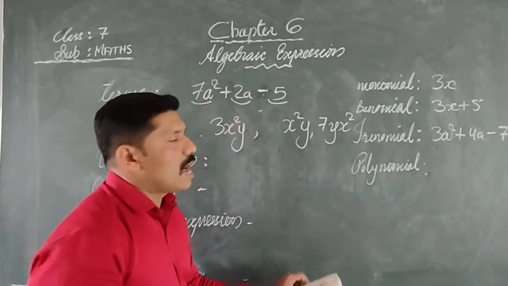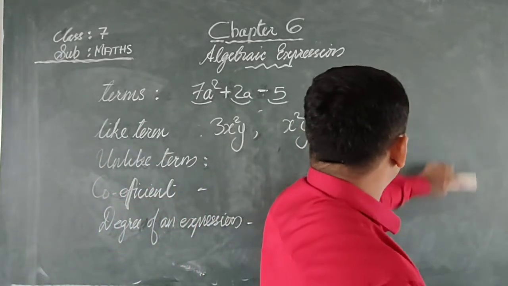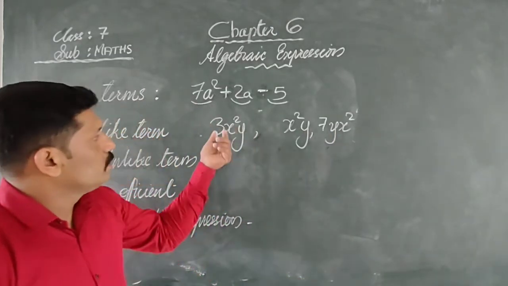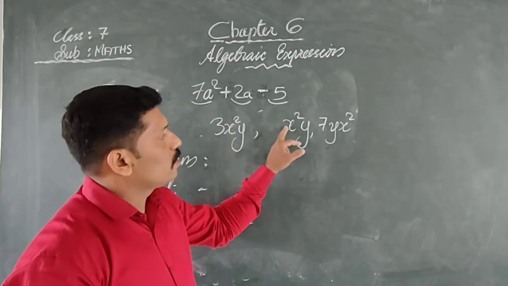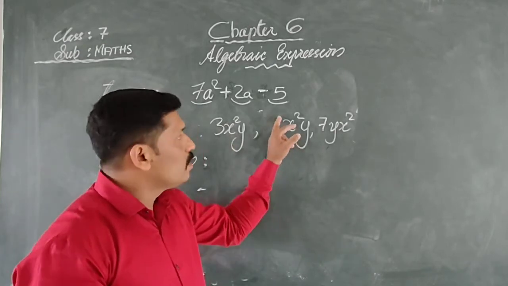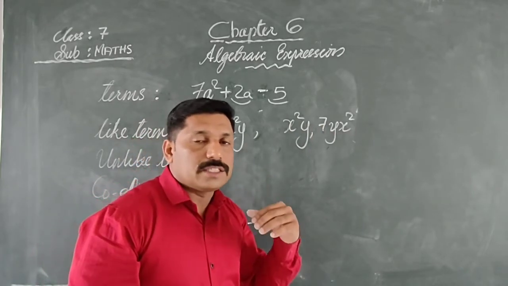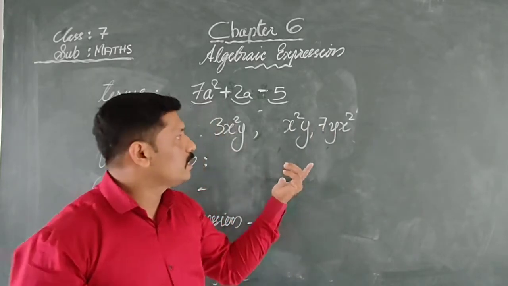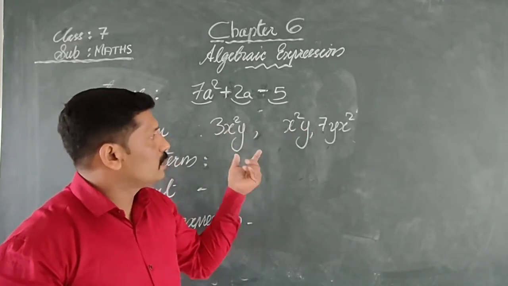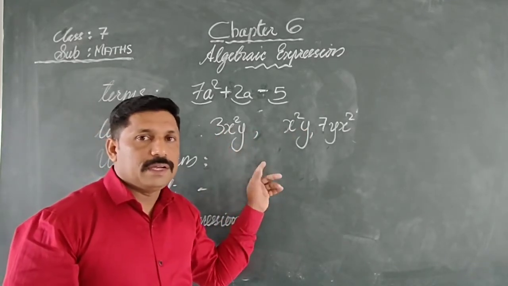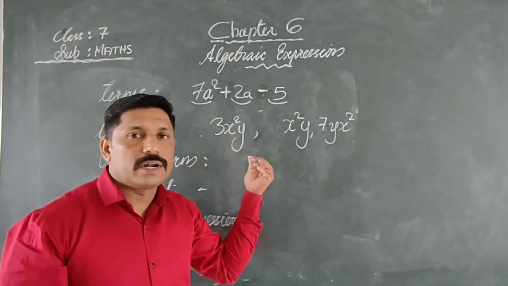These all are examples of like terms because their variable parts are the same. The numerical factor or coefficient can be anything. Here 3, here no numerical factor, which means it is 1, and here 7 is the numerical factor. But we don't consider the numerical factor. We see only the variable part. If the variable parts are the same in different terms, then such terms are called like terms.